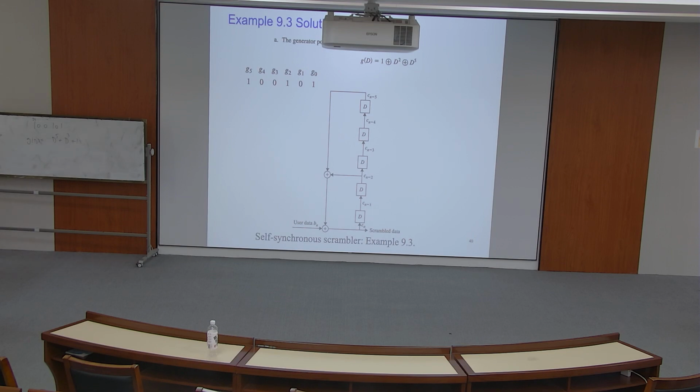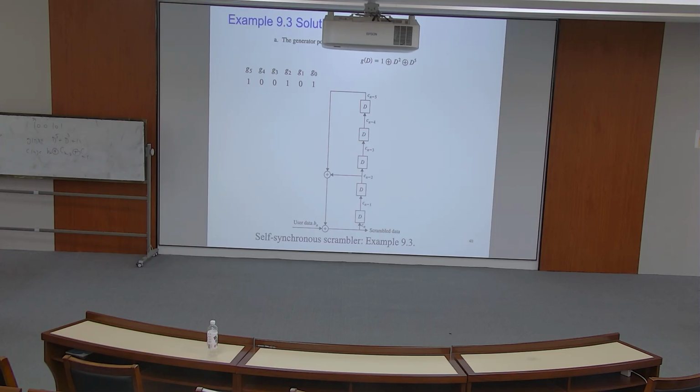And the scrambled data, Cn, is what? Cn here is Cn, and this over there is n minus 2, and this over here is n minus 5. That would be the scrambled data.